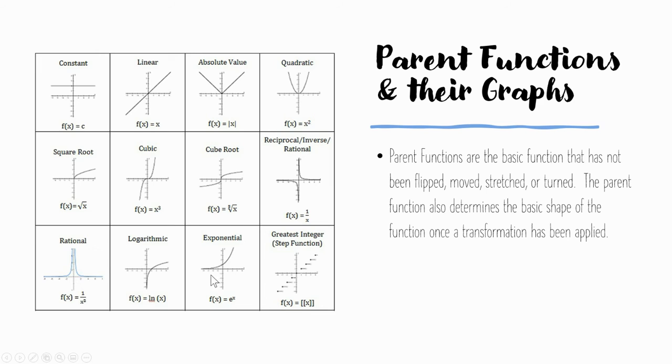So you've only got 4 exceptions, but most of these functions originate at the origin, and that also gives them the name of the parent function. You want to be able to look at an absolute value and determine how it moved away from the origin. That's what you're going to be doing in your Delta Math assignment.